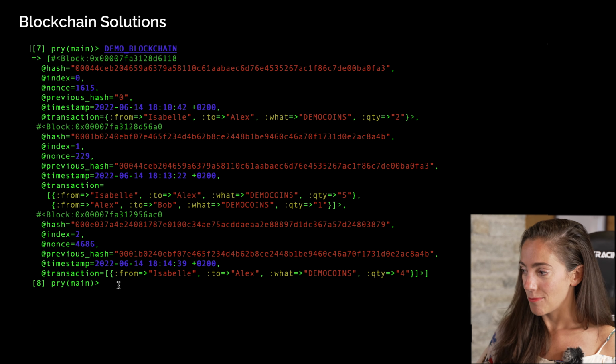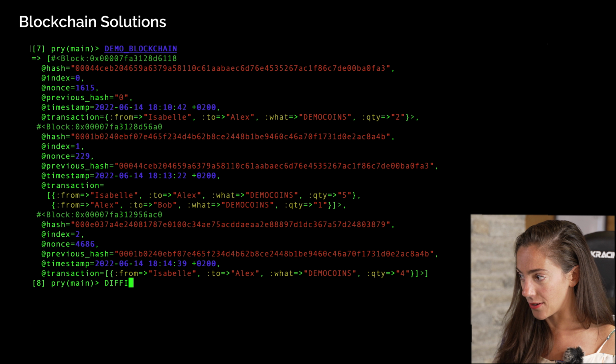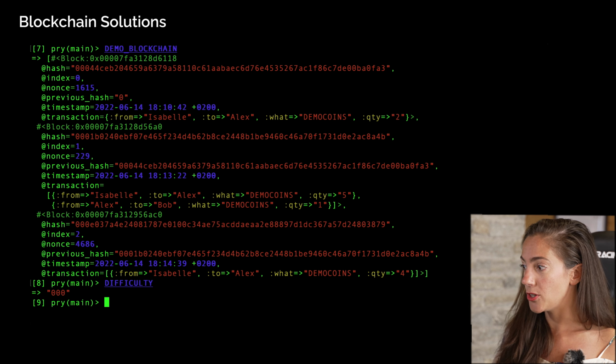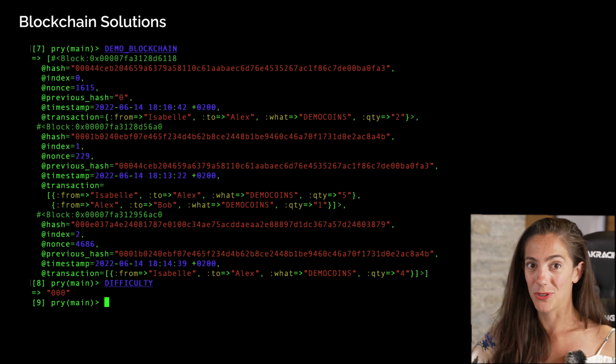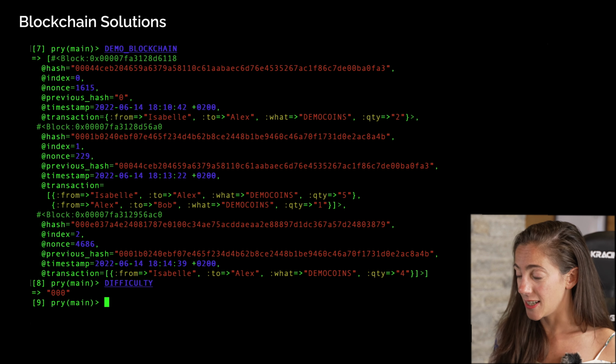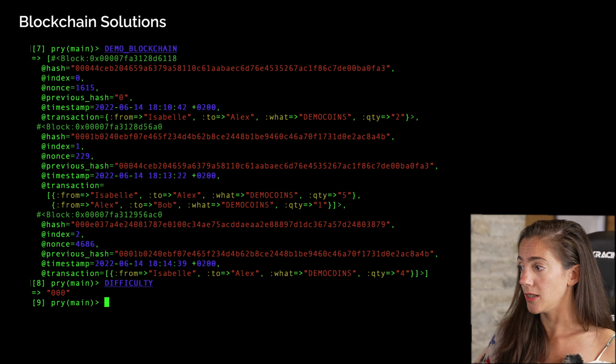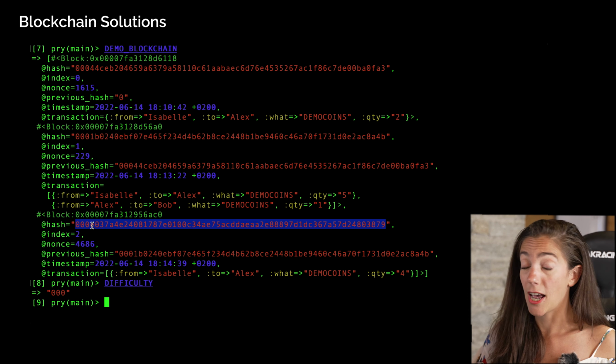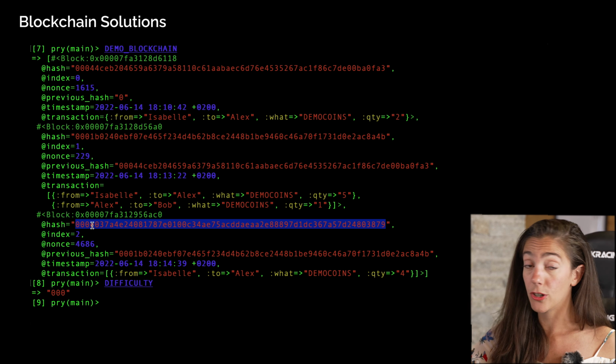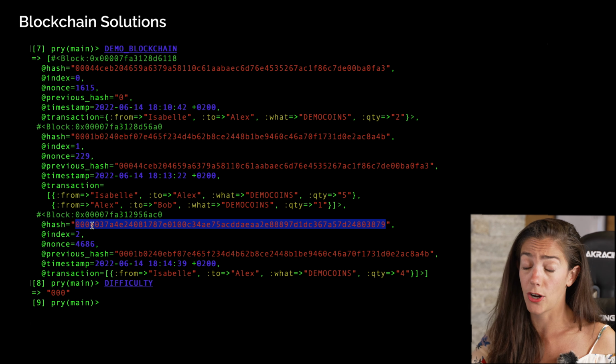It's normal because in the protocol that I have written, I've set the difficulty to 3 zeros. So basically, if I change this difficulty, then the next hash that I will need to find will not require 3 zeros, it will require only 2.